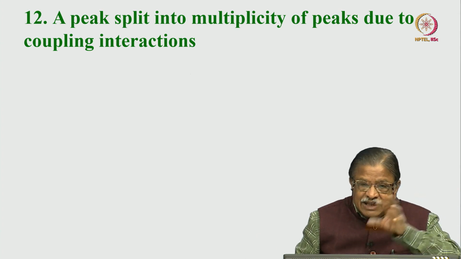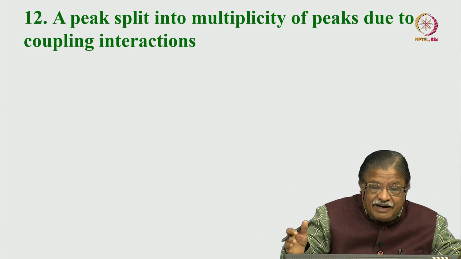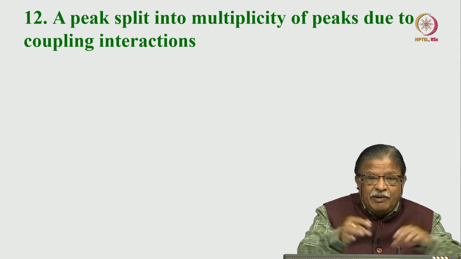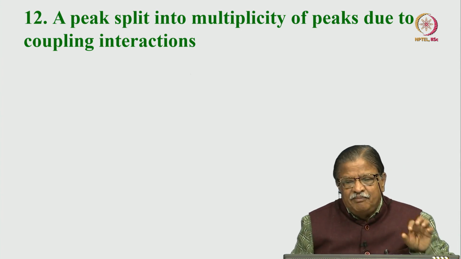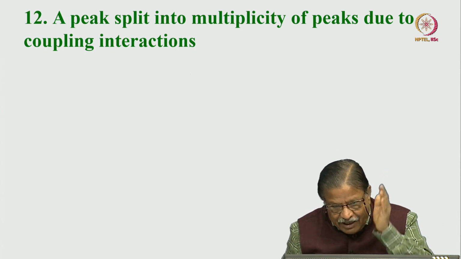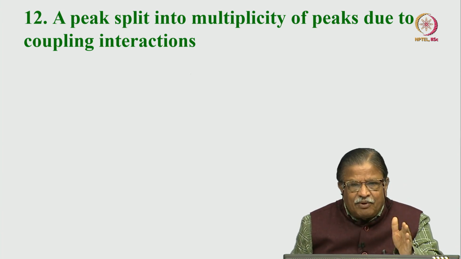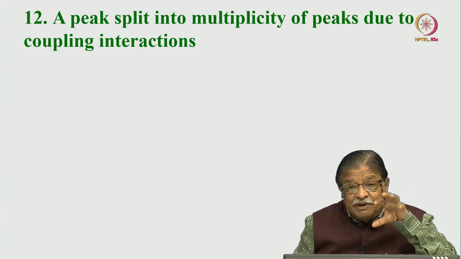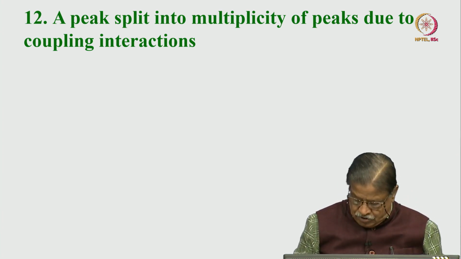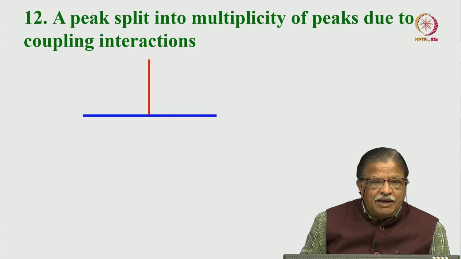When it interacts with another nuclear spin, this peak will divide into 2. 1 will become 2, 2 will become 4, 4 will become 8, like that. There is a multiplicity. Because of interaction there is splitting of the energy levels. As a consequence, the particular nucleus which you are observing can give rise to a multiplicity pattern. So one peak, for example, will be a single peak without any coupling.